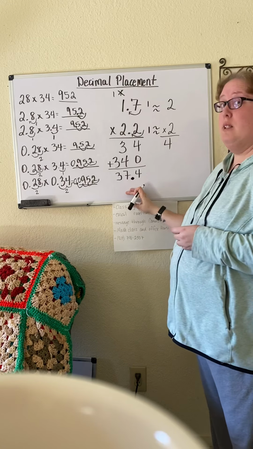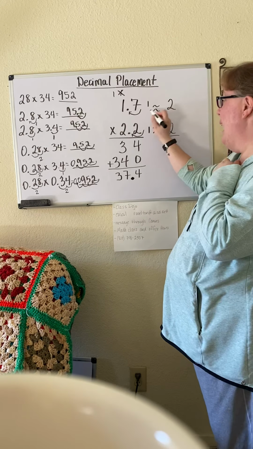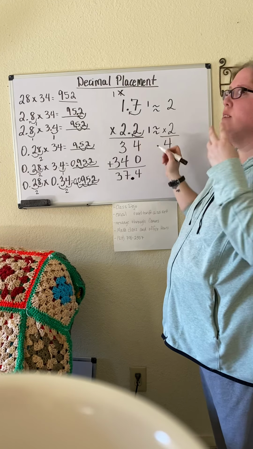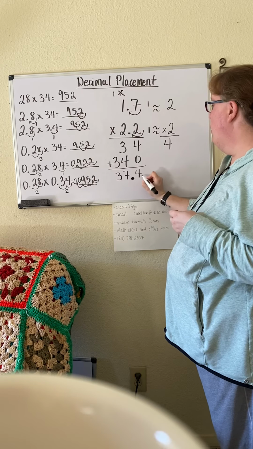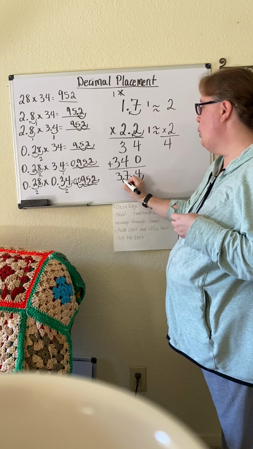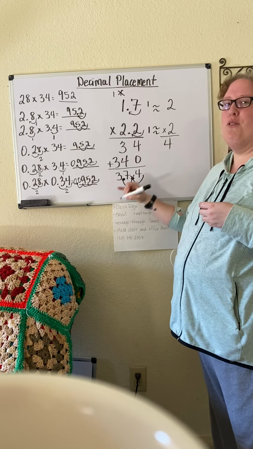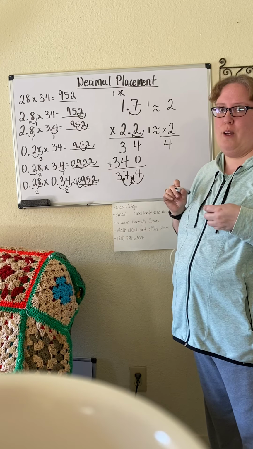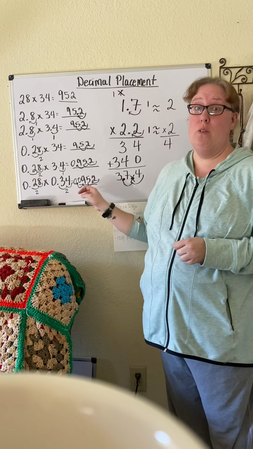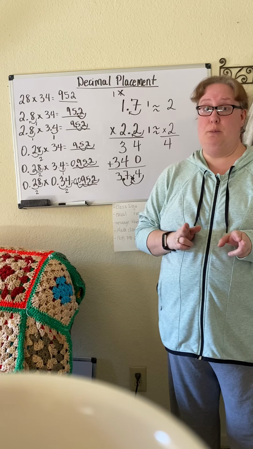So then your next thought should be, oh, I probably put the decimal in the wrong place. Let me count again. Oh, that was 1, that was 1, so I need 2. So instead of this being here, I needed to go 1, 2. Oh, 3 74/100 and 4, that's closer, okay? So placing the decimal is really just about counting over, making sure you count both factors if both of them have decimals, okay?